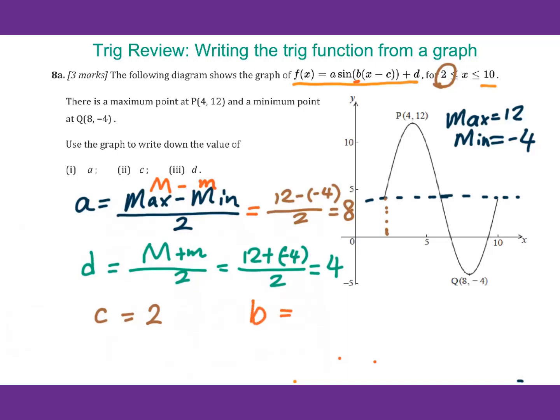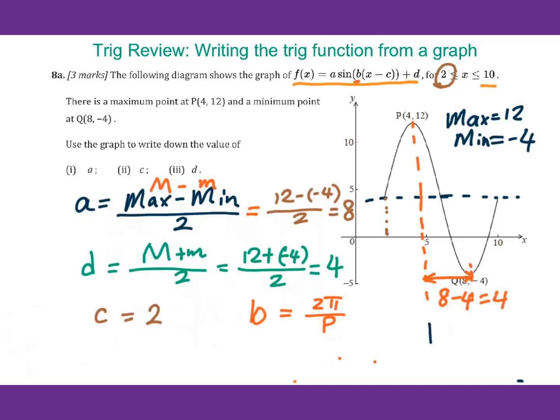For b equals 2 pi over p, period. Since we know this is a minimum point and this is a maximum point, the distance will be 8 minus 4 equals 4.